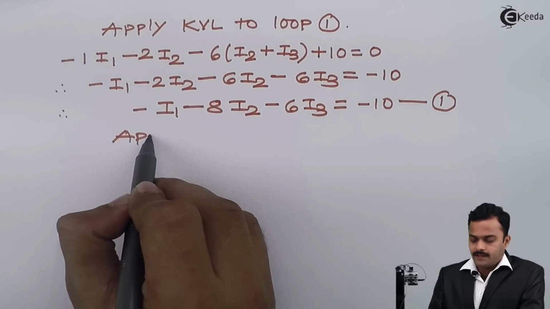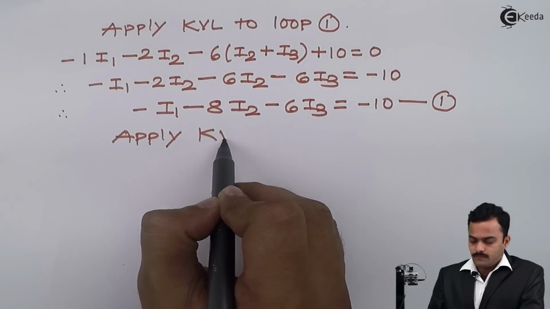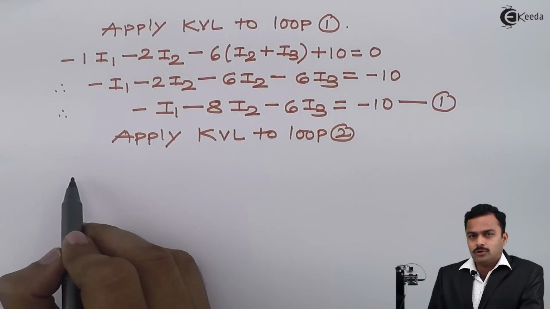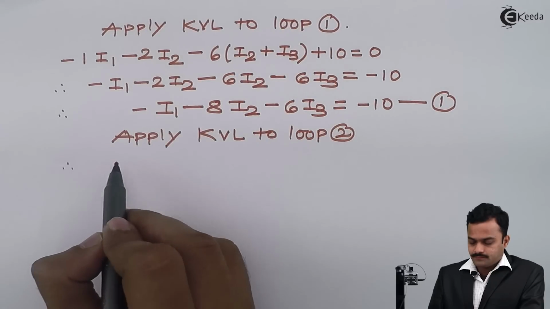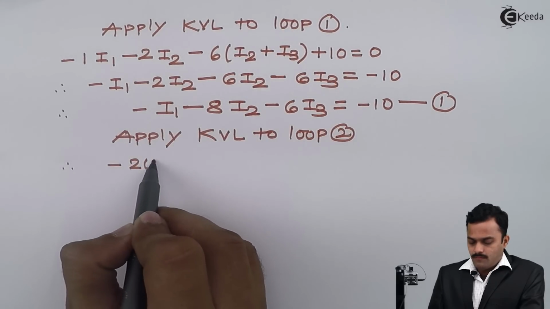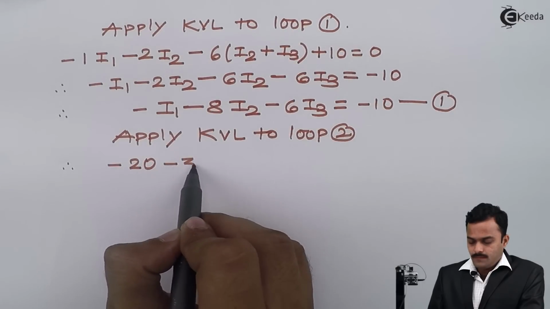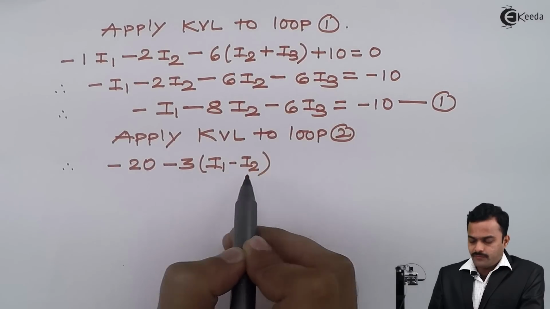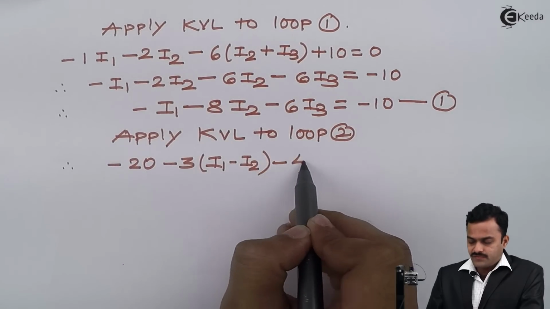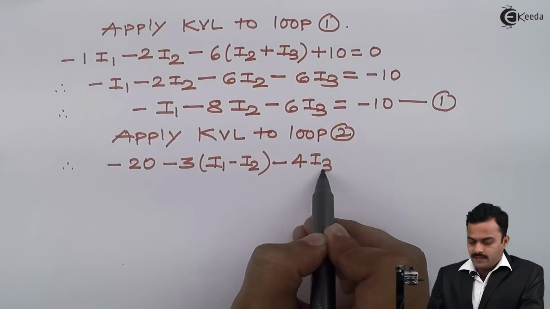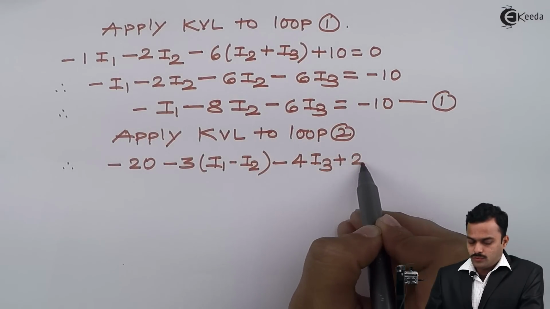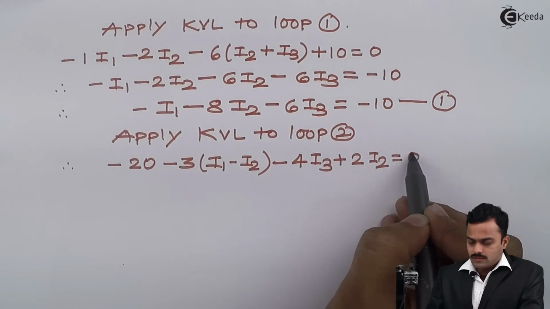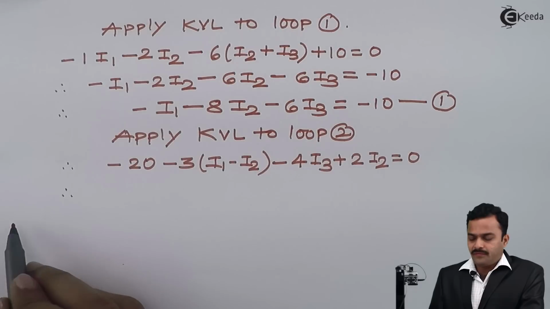Similarly, I can apply KVL to loop number 2. So if I apply KVL to loop number 2, I will get minus 20 minus 3 I1 minus I2, current flowing through the 3 ohm, minus 4 I3 plus 2 I2 equal to 0. Let's simplify.